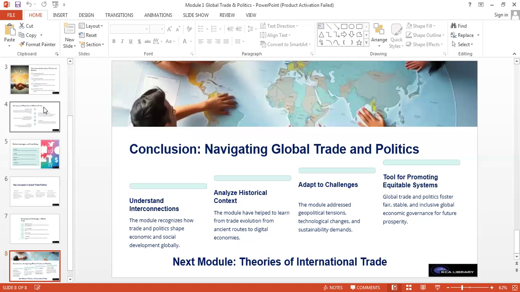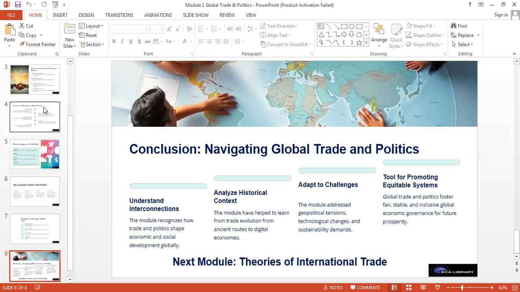In conclusion, the module has recognized how trade and politics shape economy and social development globally. It has also helped us learn from trade evolution, from ancient routes, the Silk Road, the Indian Ocean, to the digital economy in the 21st century.